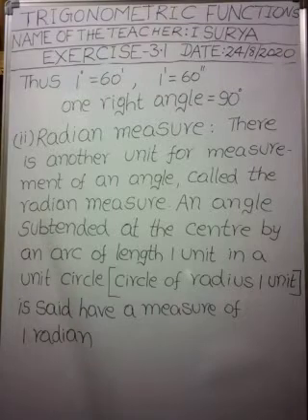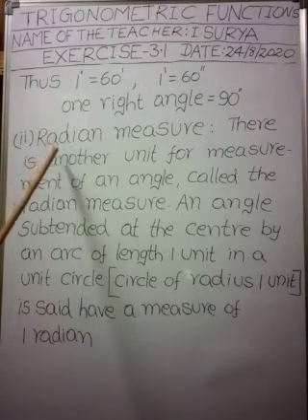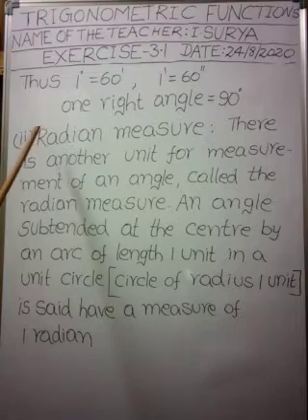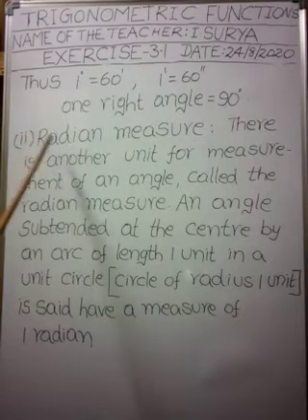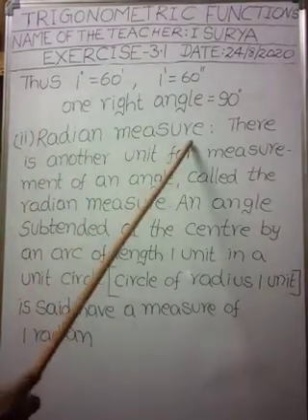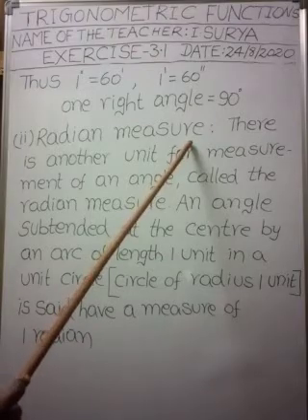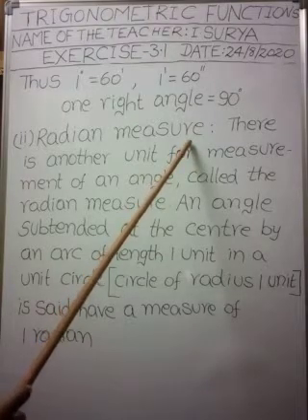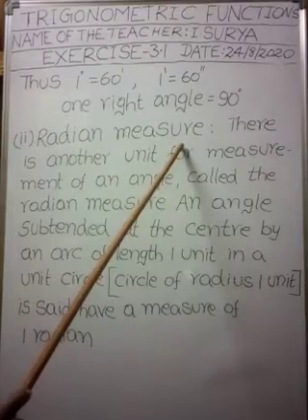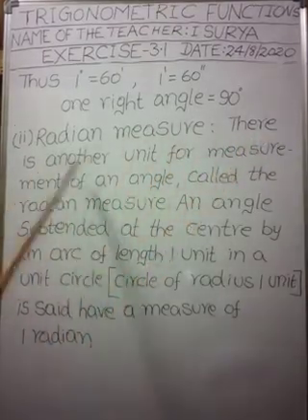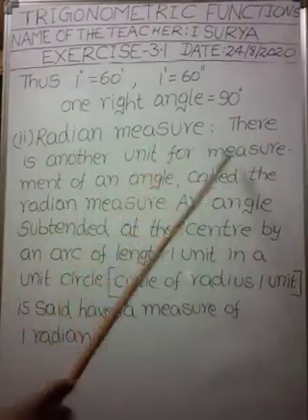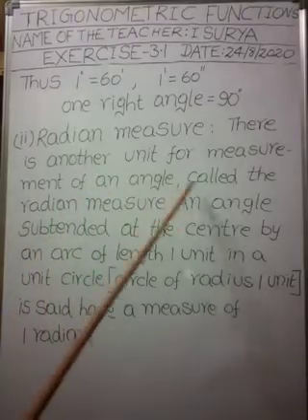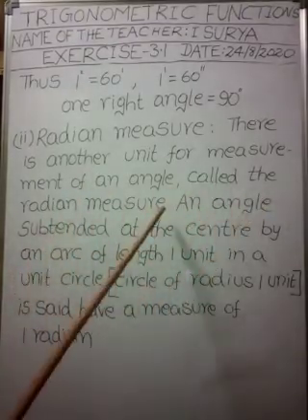Right. Now come to the next unit of measurement of an angle, that is radian measure. There is another unit for measurement of an angle called the radian measure.